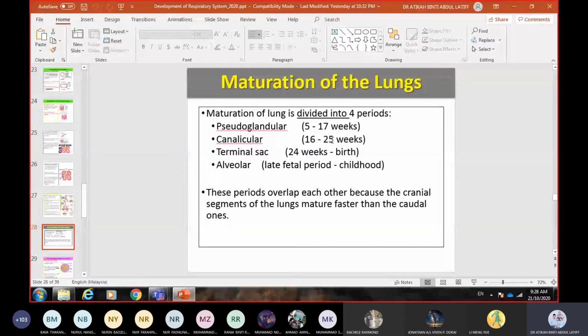Okay, and 16 to 25 weeks, it's called canalicular. 24 weeks until birth, it's called the terminal sac period, and later fetal period until childhood. After birth and until childhood, it's called the alveolar period of maturation. Sometimes they overlap each other. There's no clear cut at what weeks it stops, because sometimes this still continues while the next is properly going on.